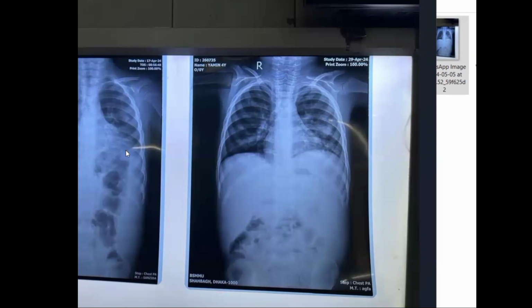And there is inhomogeneous opacity present in the left lower and middle zone, and most probably the cardiac silhouette, and also in the right lower zone. And the cardiac silhouette is obtuse or unclear, perhaps retrocardiac pneumonia. And here also the pneumonic focus is present, right?